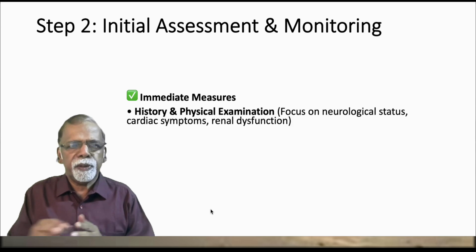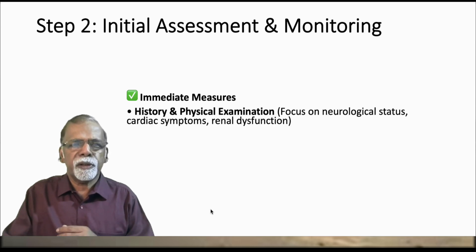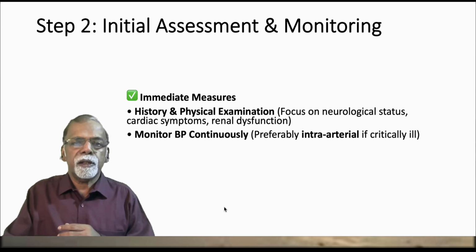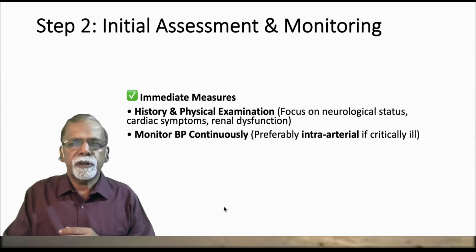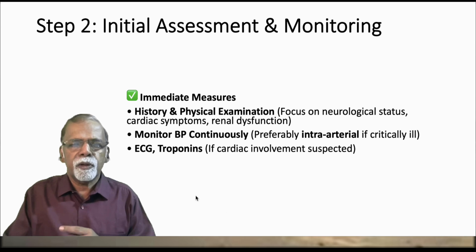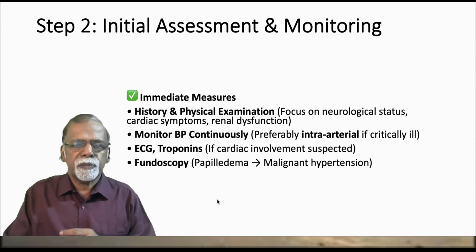So in this patient, for the initial assessment and monitoring, take an immediate history and physical examination, focusing on neurological status, cardiac symptoms and renal function. Monitor BP continuously. If critically ill, go for intra-arterial monitoring. Definitely take an ECG and look for troponins, especially if you suspect cardiac involvement.